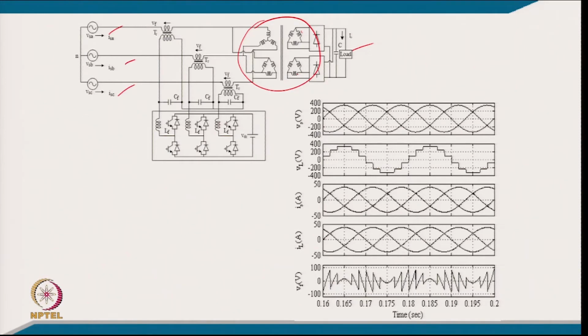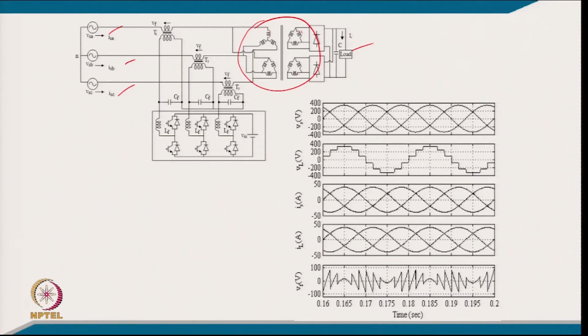The input voltage will be like a step waveform when we are forcing all 3 phases, similar to a 12 pulse converter voltage.